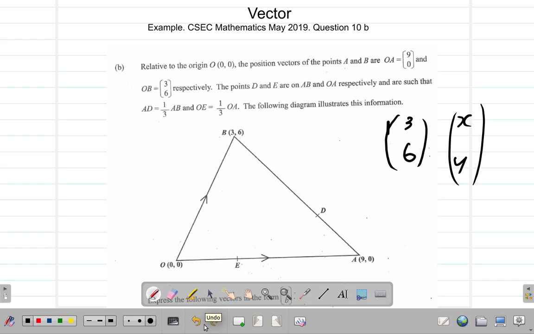Now, here, such that AD, from A to D, is 1/3 all the way from A to B. What that means, if all of this distance is 3, then from here to here is 1.